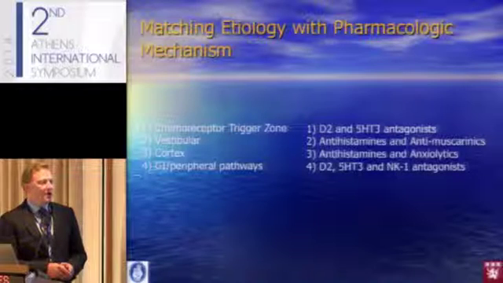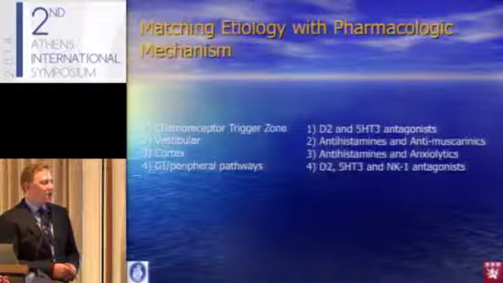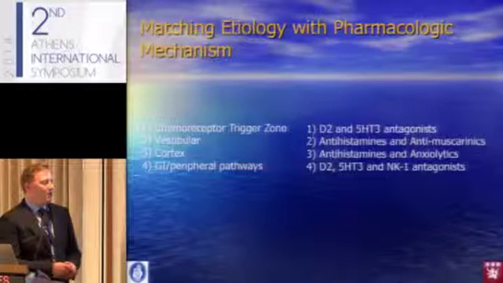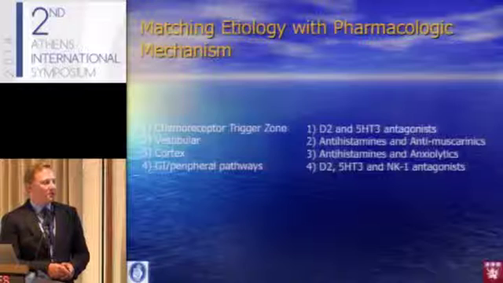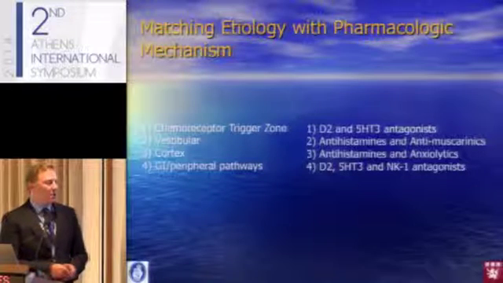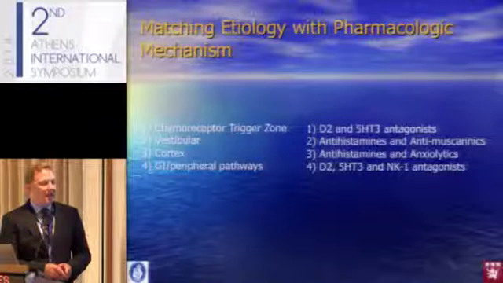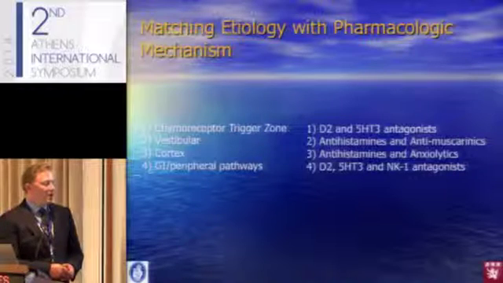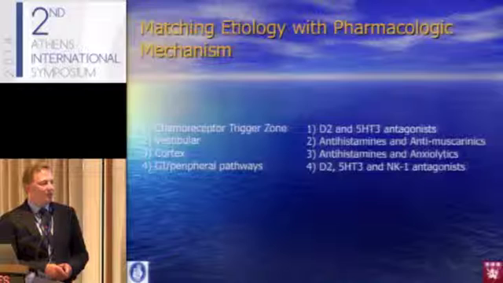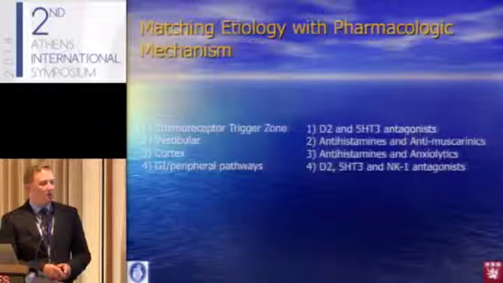So you would use drugs, dopamine receptor antagonists and serotonin receptor antagonists. If you have the cause of being in the vestibular system, you use antihistamines and antimuscarinics. If the cause is in the cortex, you use antihistamines and anxiolytics. For the GI peripheral pathways, you use dopamine receptor antagonist, serotonin receptor antagonist, and neurokinin type 1 antagonist.